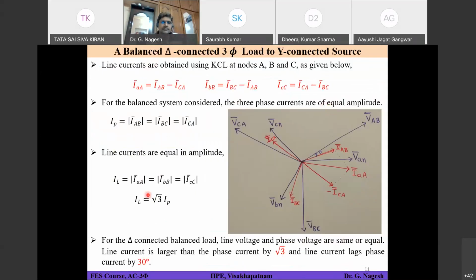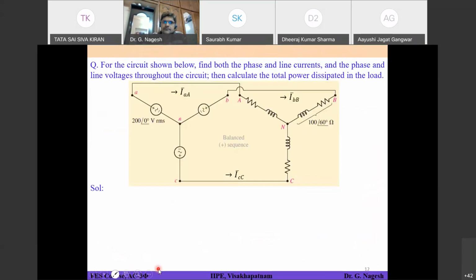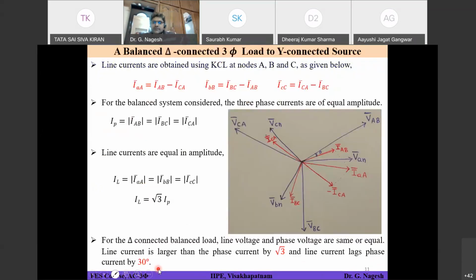Here amplitude is root 3 times more, line current is larger than the phase current by root 3, and line current lags phase current by 30 degrees. So this is when your star connected source is connected to a delta connected load, balanced load. Right. So is it clear to everyone or not?